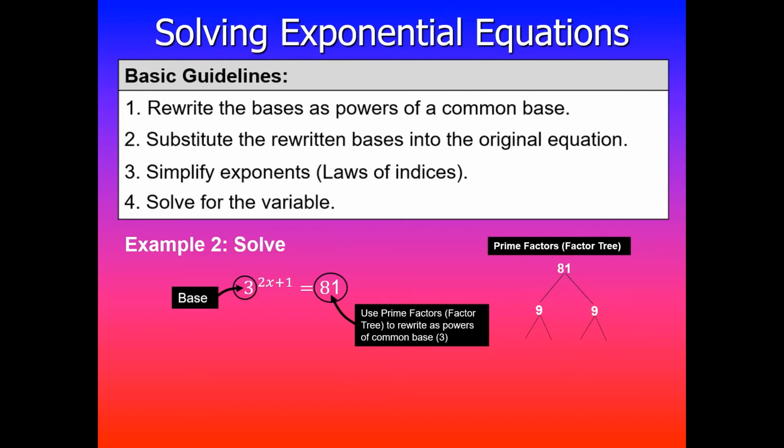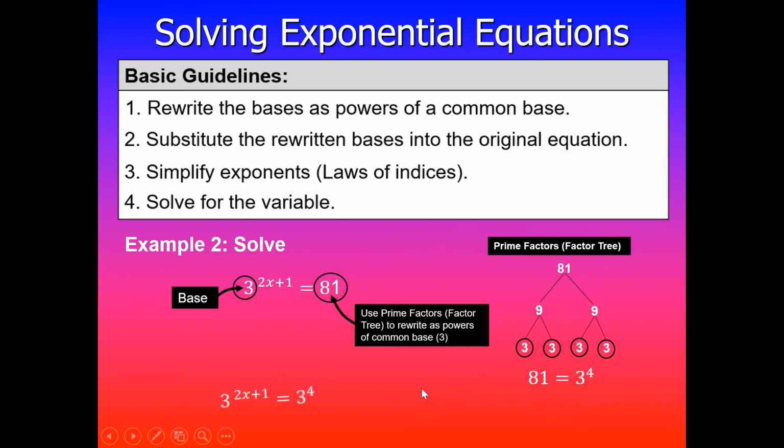And then I can split 9. 9 is written as 3 times 3. So we've got those 2, and then the other 9 is also 3 times 3. Now I've got the 4 prime factors for 81. So this is same as saying 81 is same as 3 to the power of 4. Because it's 3 times 3 times 3 times 3, which gives you 81.